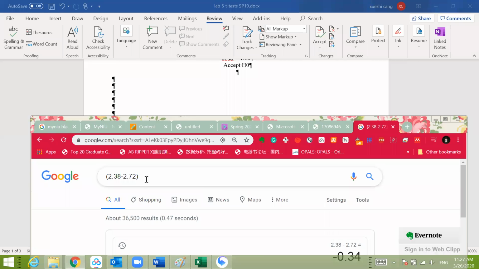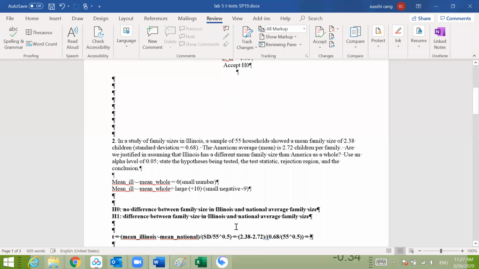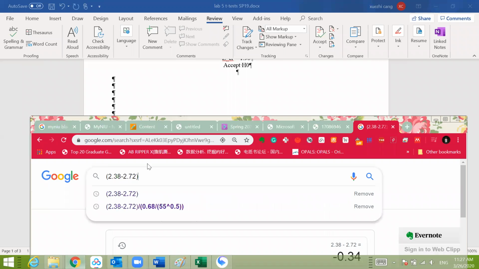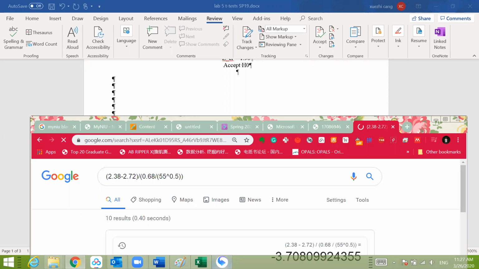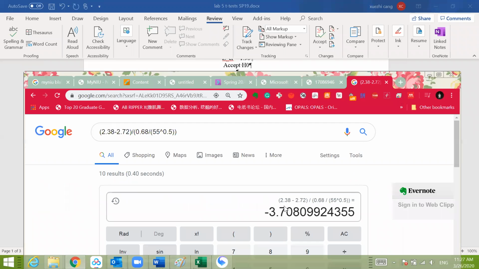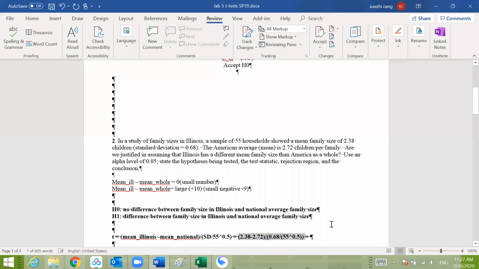We just copy the t-score back to our Word file: negative 3.70. Okay, the next step is to figure out the critical t-score.